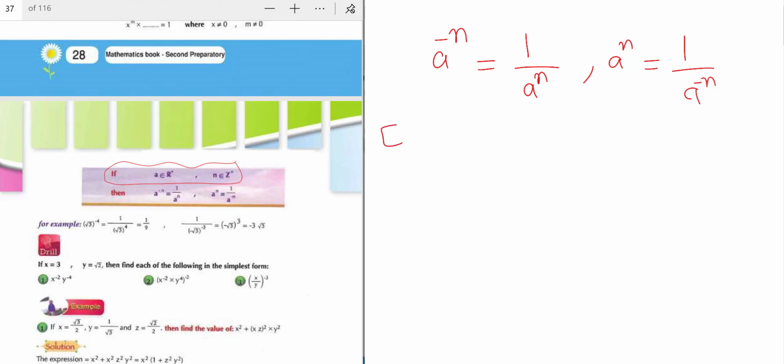For example, 3 power negative 3 equals 1 over 3 power 3. We find the multiplicative inverse of 3, which equals 1 over 3. So it becomes 1 over 27.